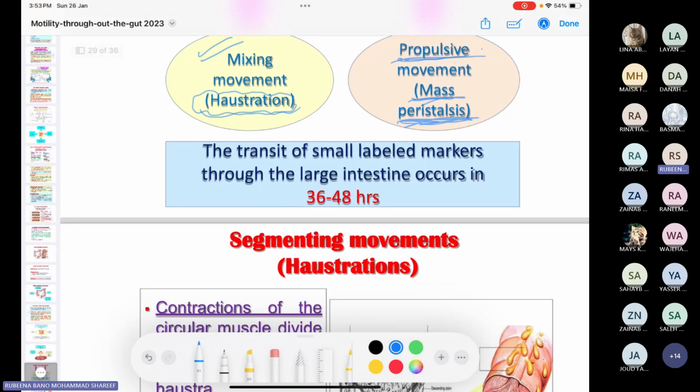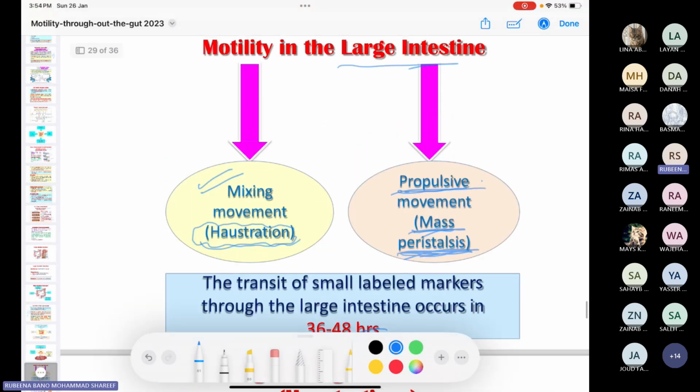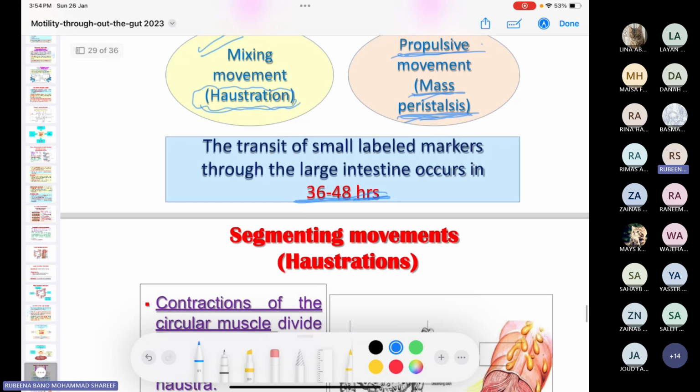And the transit of small labeled markers through the large intestine occurs in 36 to 48 hours, meaning the movement of chyme in the large intestine takes 36 to 48 hours.